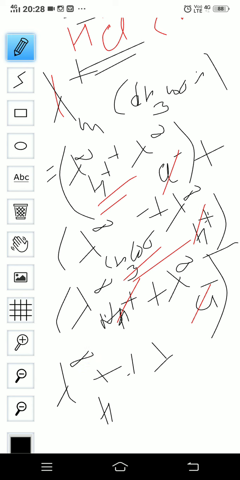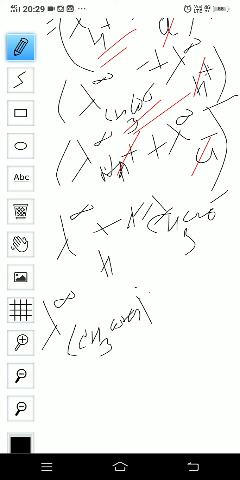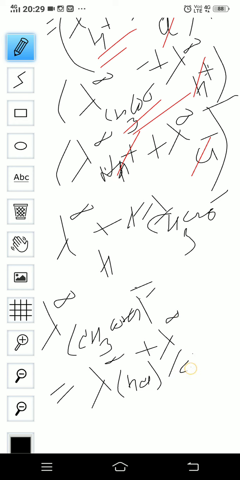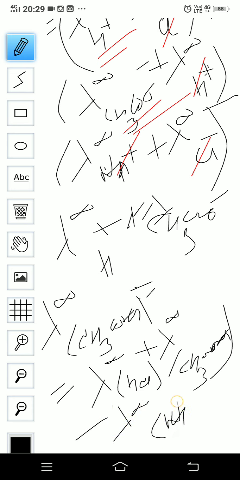Also to be noted, lambda infinity of CH3COOH is equal to lambda infinity of HCl plus lambda infinity of CH3COONa minus lambda infinity of NaCl. Since the values of HCl, CH3COONa and NaCl are known and they are strong electrolytes, the molar conductivity of acetic acid can be calculated easily.